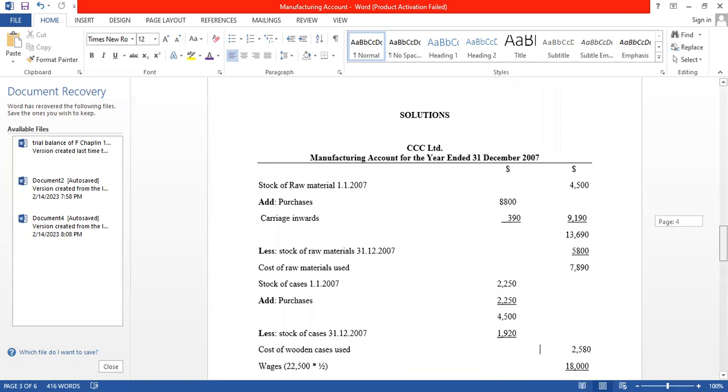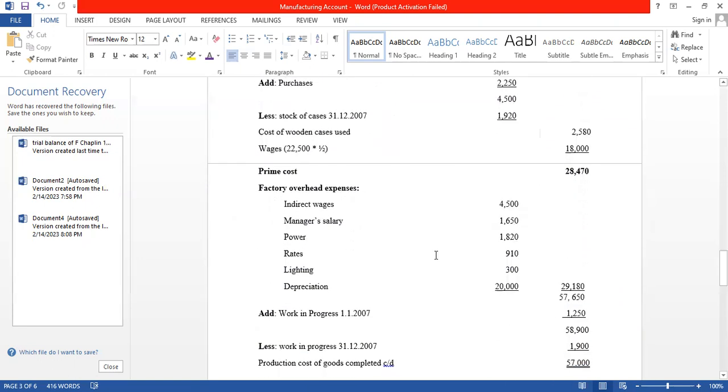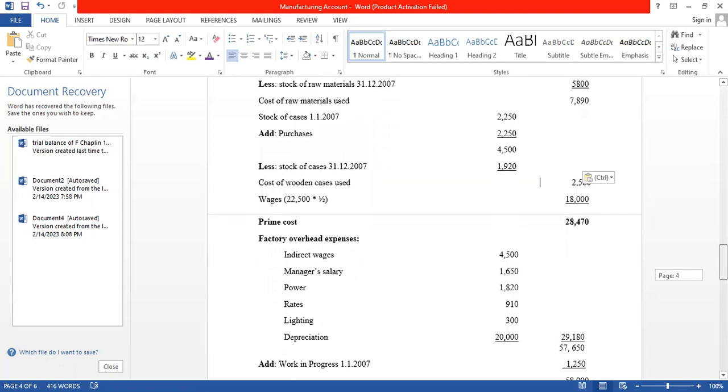So let me scroll back down to the solutions. Here we have our prime cost, but how did we get it? All right, so our prime cost is equal to the cost of raw materials used plus all the items here.